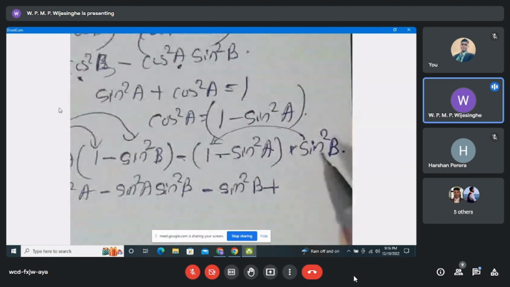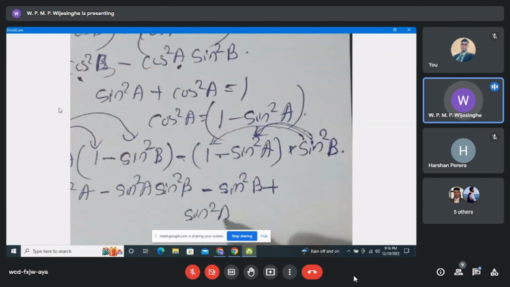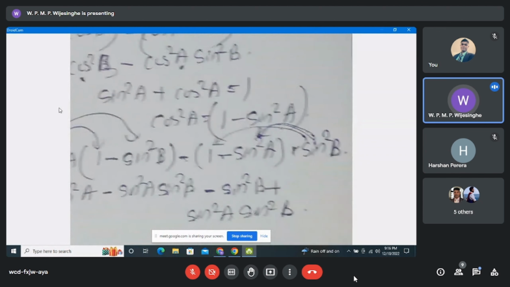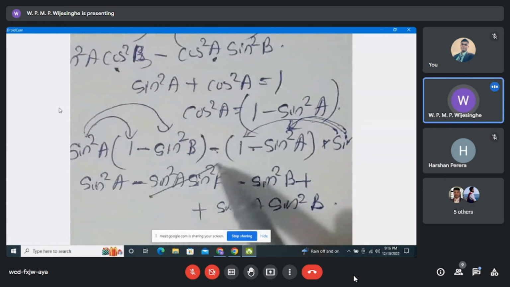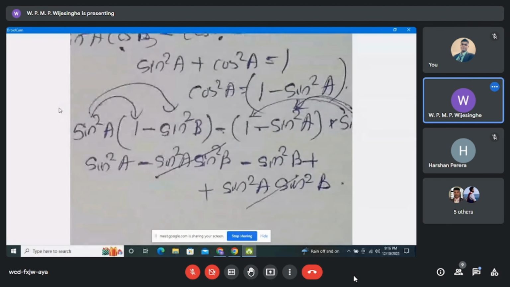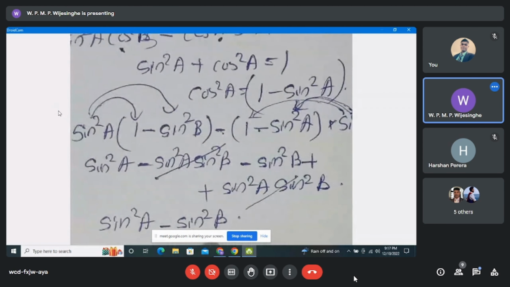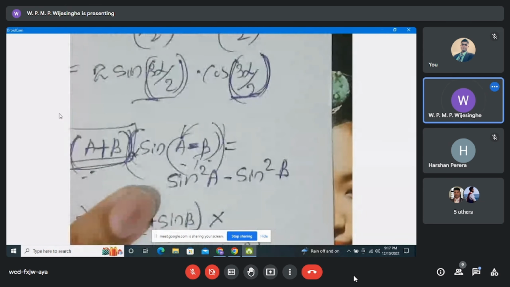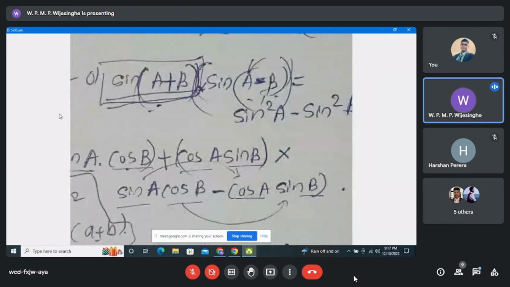So sin square A sin square B, right? Minus plus this one, same term, so they are cancelled. So what remains here is sin square A minus sin square B. This is the final result, which is in the right hand side. Okay.